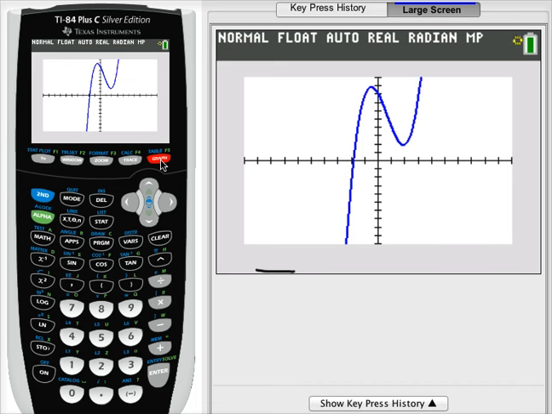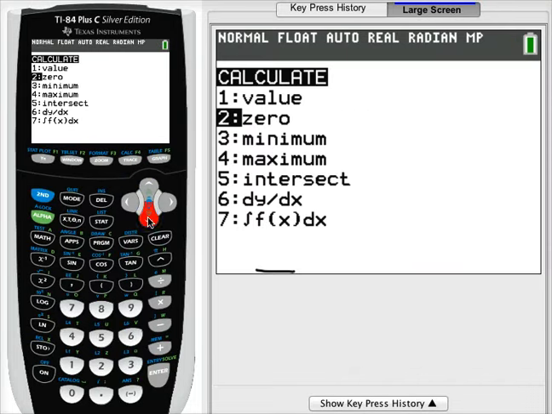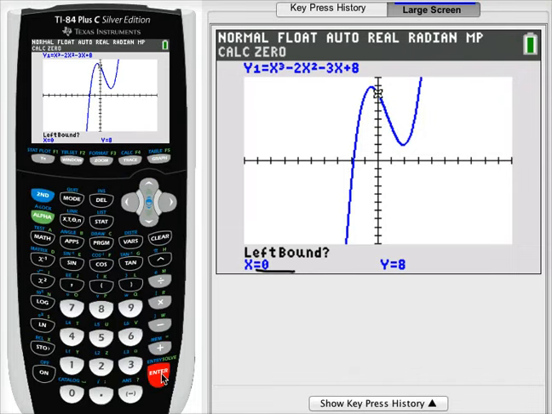All right, now the neat thing about this is this time if you look, I only have 1 zero here. Okay, so that means I actually only have to do this once. So I'm going to go to calculate. I want my 0, and again the 0 being that value right there.